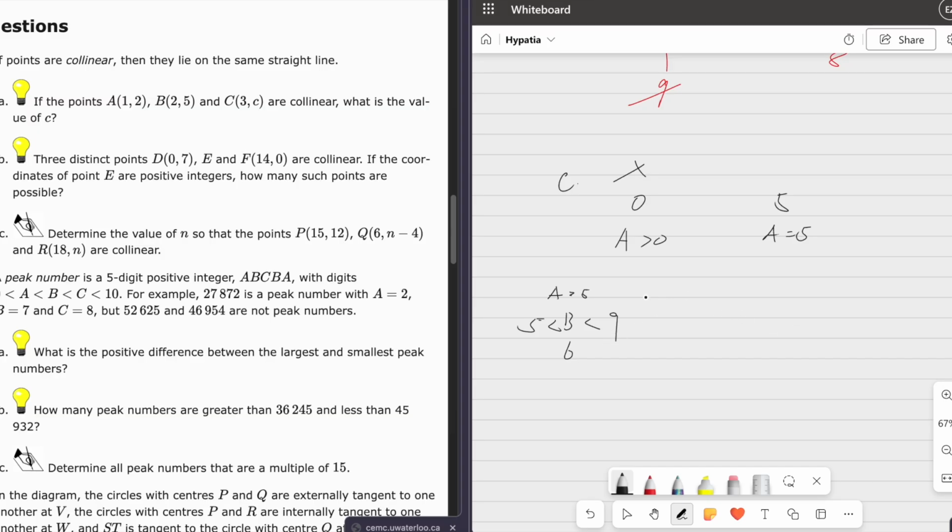If we want the peak number to be a multiple of 15, it should also be divisible by 3. First of all, let's take a look: 5 plus 5 equals 10, which is congruent to 1 modulo 3. So it's like this: 5, 3 digits, and a 5.